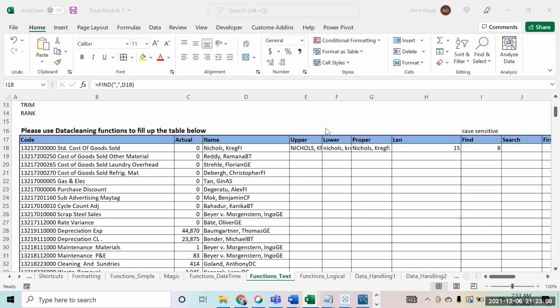Done everyone? Can you please try to use this find formula to find the position of, suppose, H?